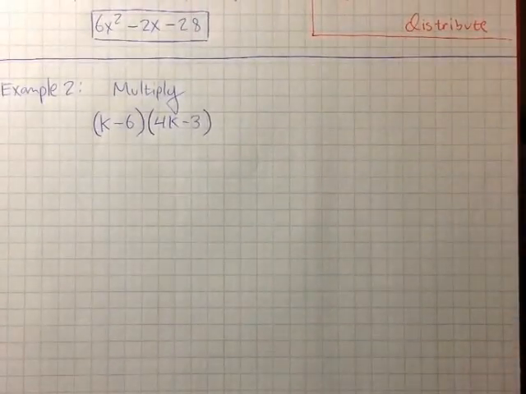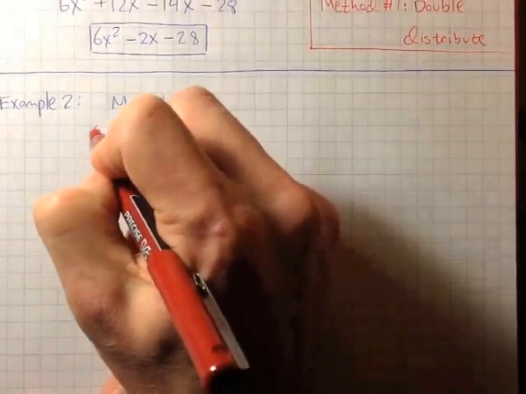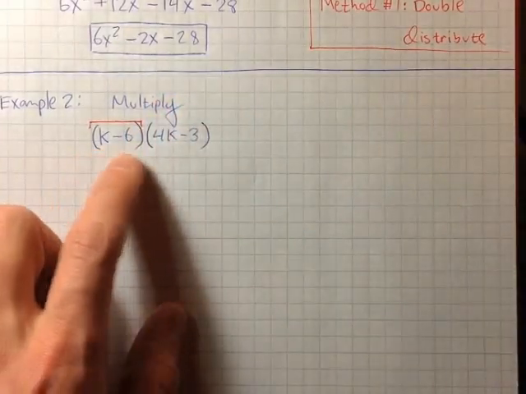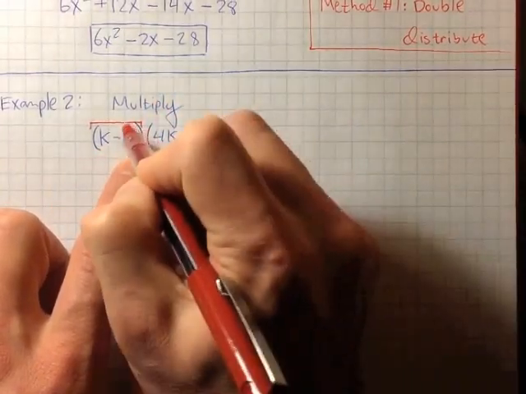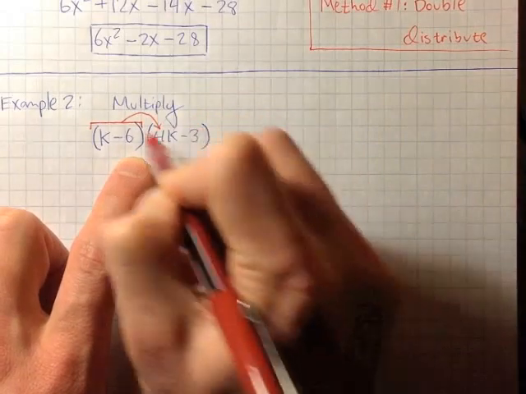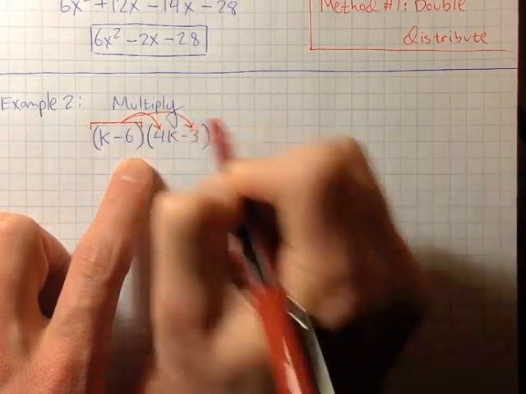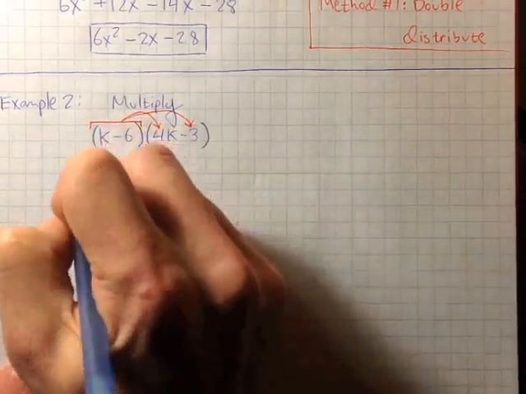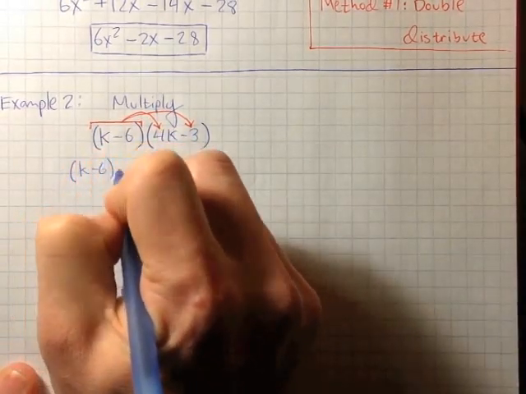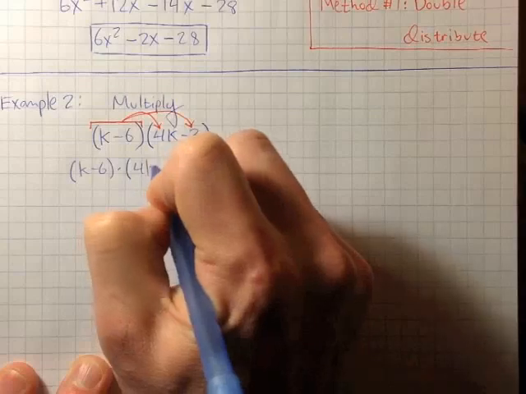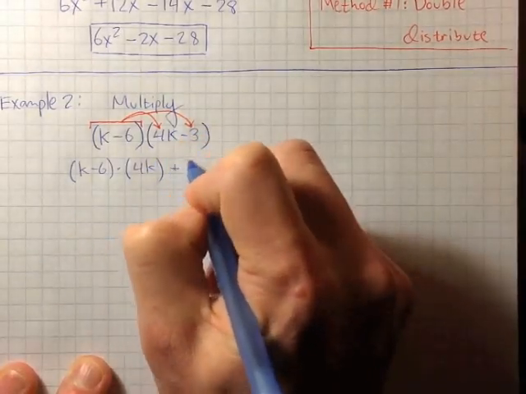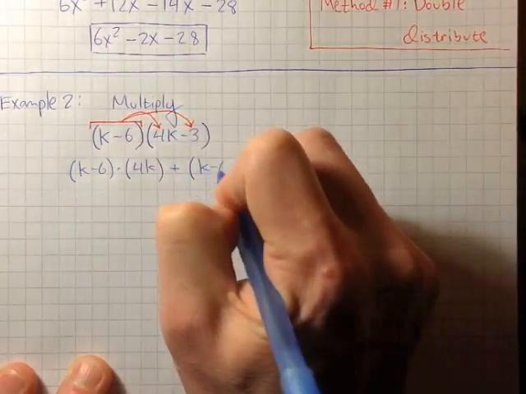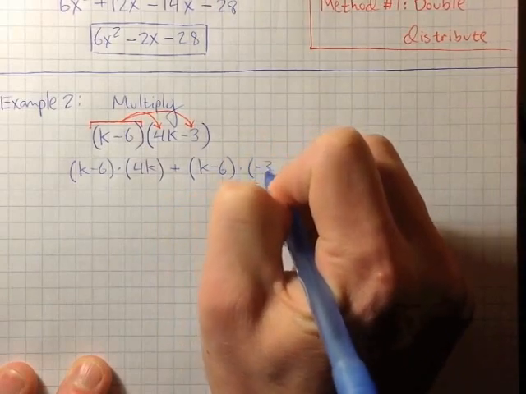Okay, so in order to do this, I'm going to distribute the whole first thing inside of parentheses. That goes to the 4k, and it also goes to the negative 3. So I'm going to write inside of parentheses k minus 6 times 4k plus k minus 6 times negative 3.